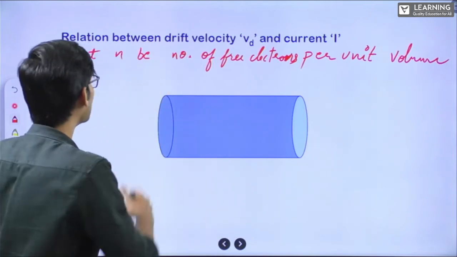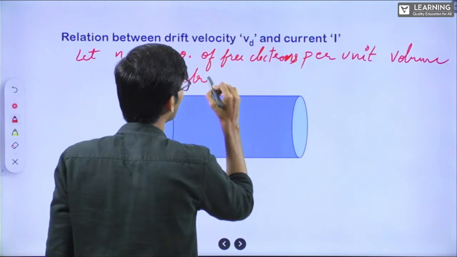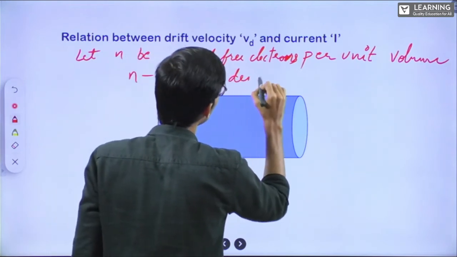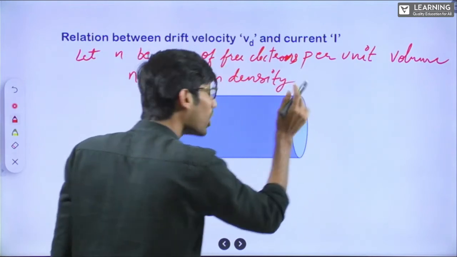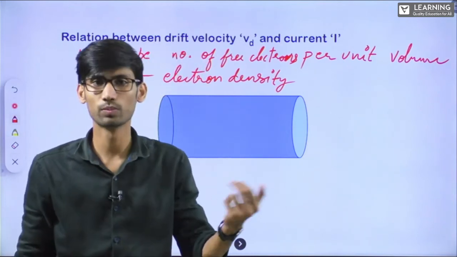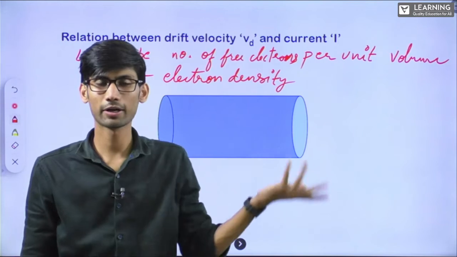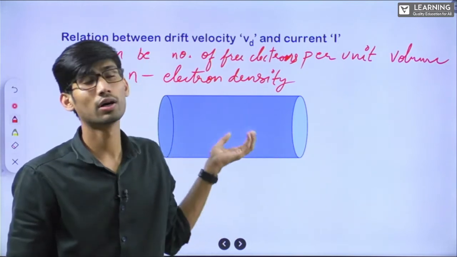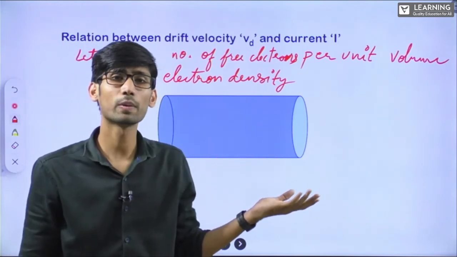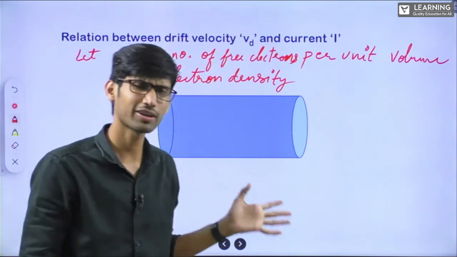So n is basically electron density. A lot of electrons are there in a unit volume. In a unit volume means 1 meter cube, 1 length, 1 height, 1 breadth. On and around 10 power 29 of that order free electrons are there.